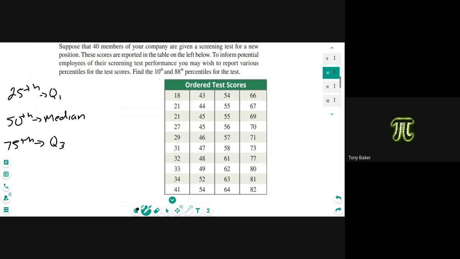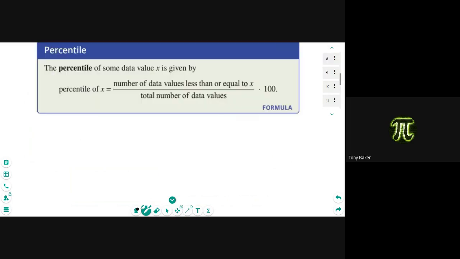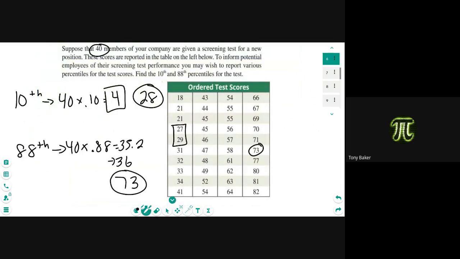First thing you have to do is calculate which number you're looking for. Do what we did in the last one. Do this, not this. This. 40 times whatever the number percentage is. Start there.